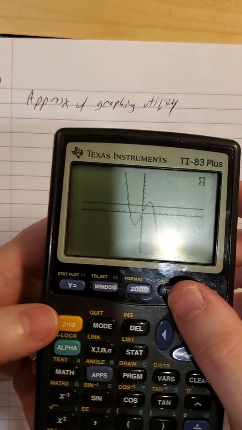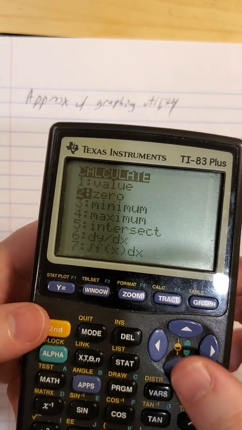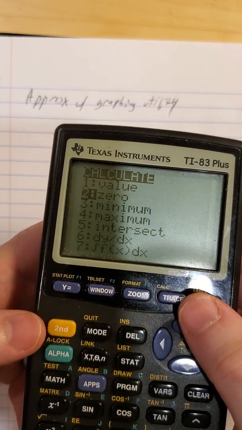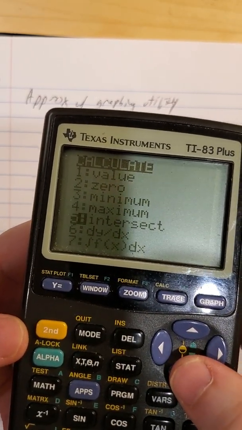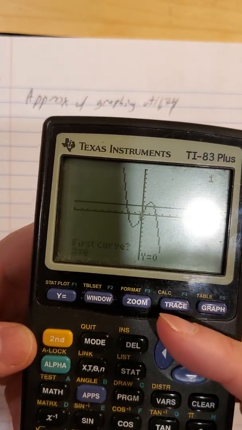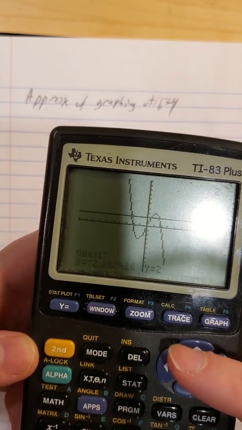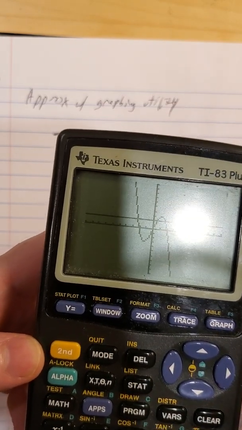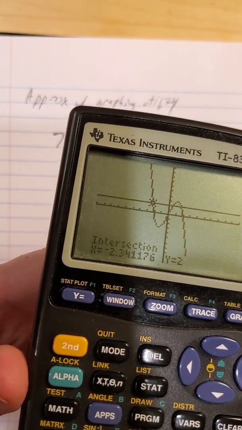So second and calculate, and we want where they intersect. That's option number 5. First curve will default to y1, second curve will default to y2, and I guess you just get close to where they meet, hit enter, it'll think for a minute, and round the x value to the nearest hundredth.